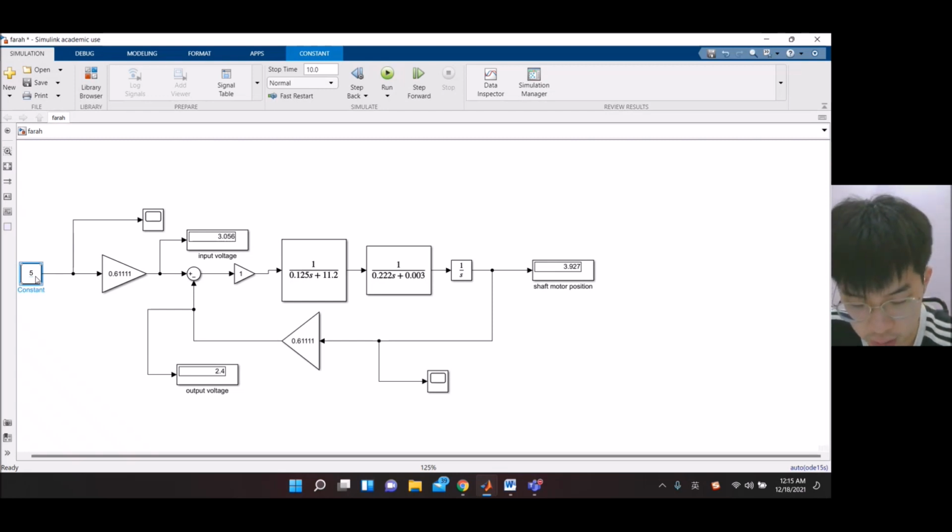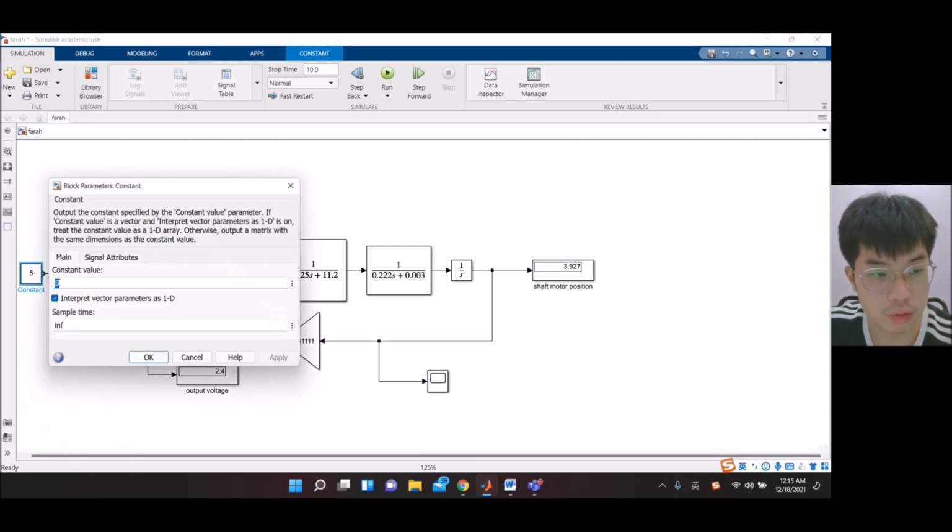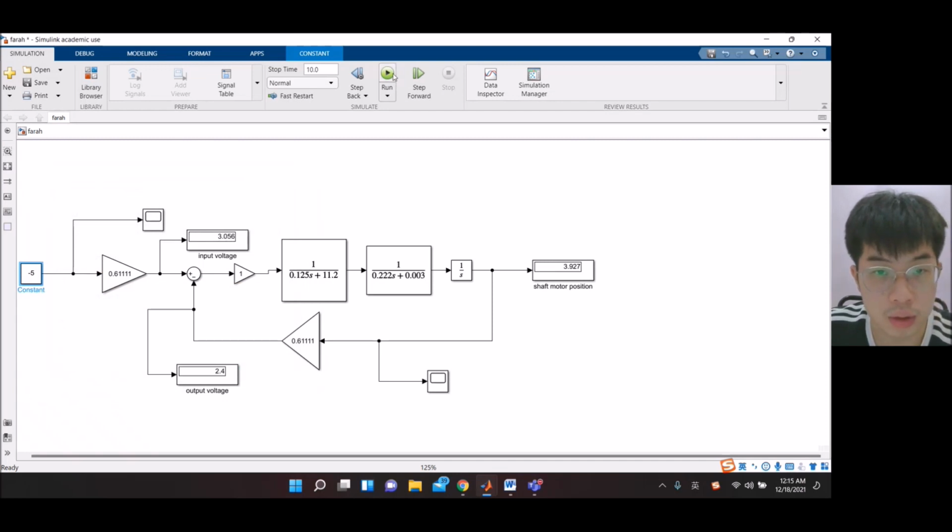So for next anti-clockwise, and the gain is still 1. For anti-clockwise, we change the value to negative. So all the value will become negative. Input voltage is negative 3.0 and negative 2.4 for output, negative 3.9 for shaft motor position.